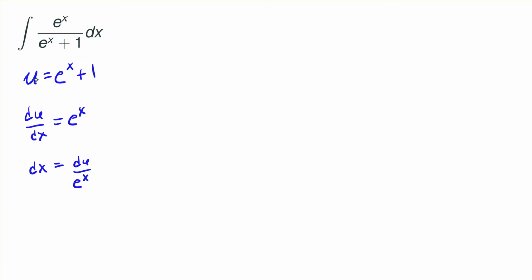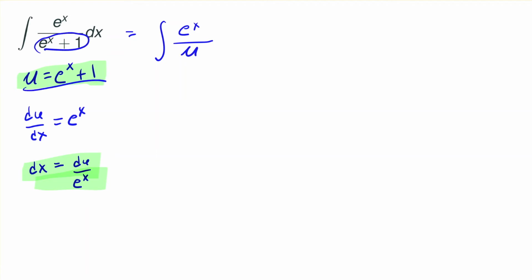We're going to substitute using these two. Let's see what we get. The e to the x here stays for now. The entire e to the x plus 1 was u, right? And dx is the same as du over e to the x.